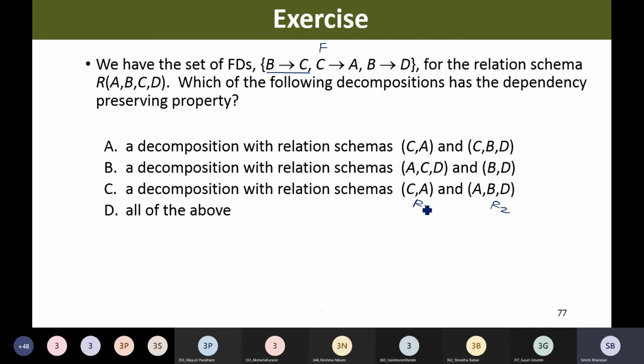So these attributes are part of two different relations. So if I want to test for this dependency, I need to compute a join of these two. So C cannot be correct. Getting me? What about B?